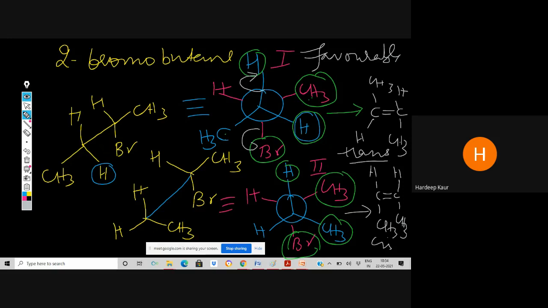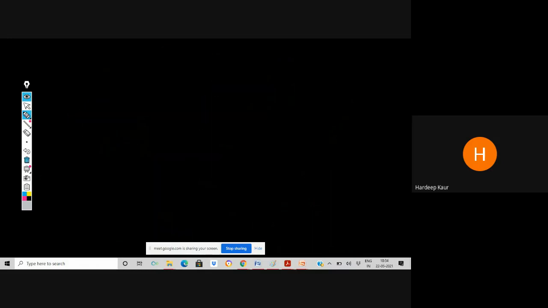So this reaction will mainly give a trans isomer as a product. Let us take one more example of this elimination reaction.